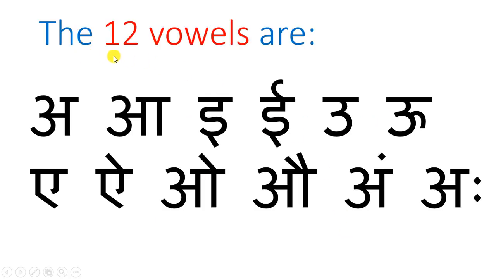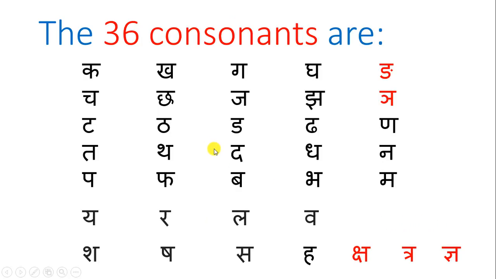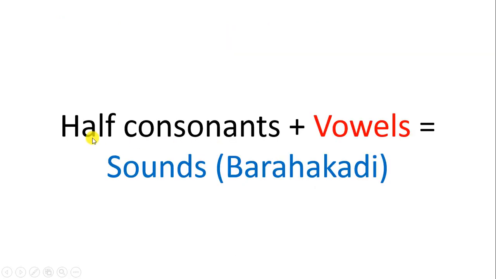Now, we know about the 12 vowels of Hindi: A, Aa, I, Ee, U, Oo, Ye, Ai, O, Au, and Aha. And we know about the consonants too, right? We know that when a half consonant gets added to a vowel, we get a sound, which is called barahakhadi in Hindi.